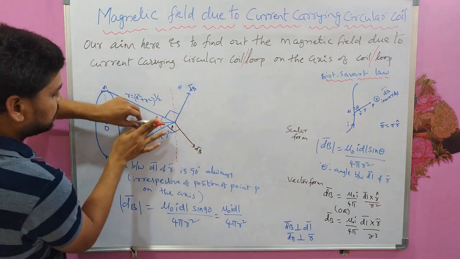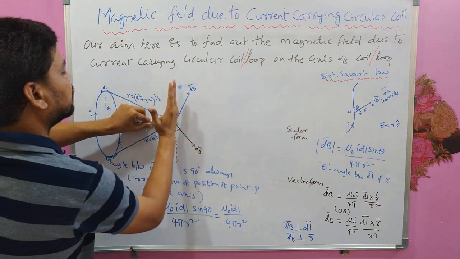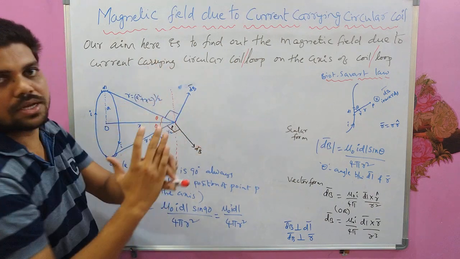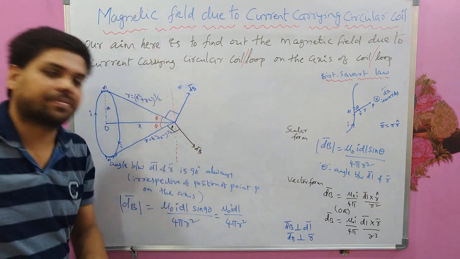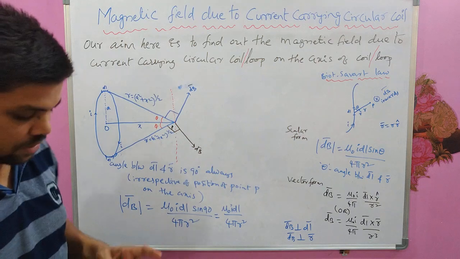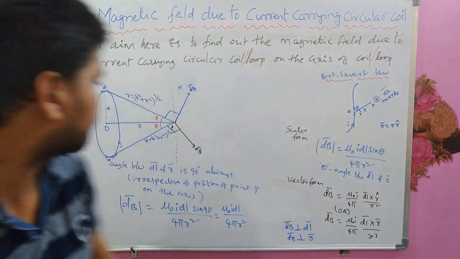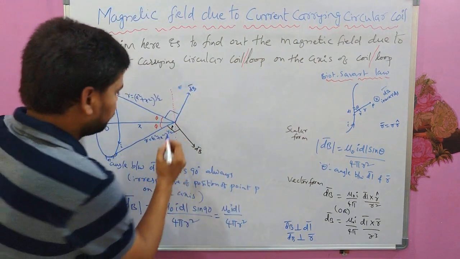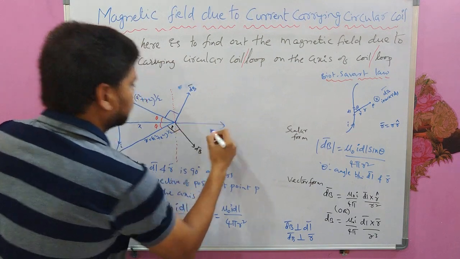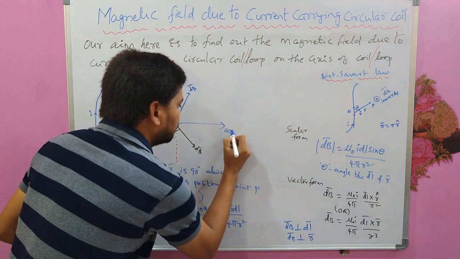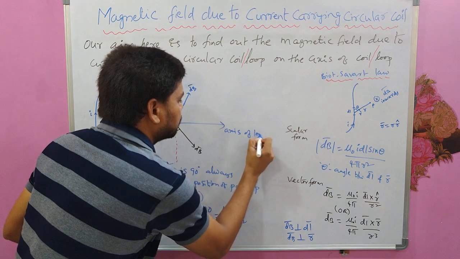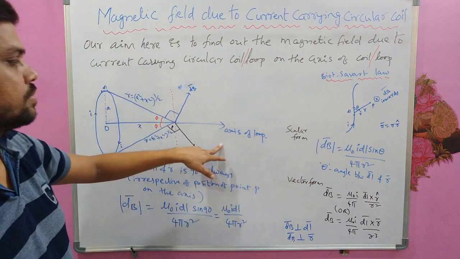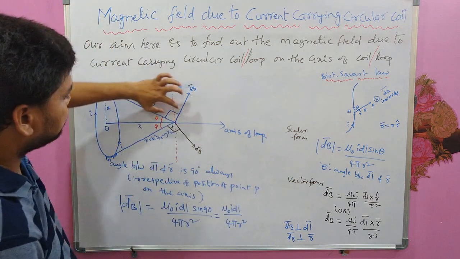So this is the axis of the loop, and I am drawing one normal to this axis, a perpendicular line. Now, this is the axis of the loop, and this is phi and this is 90.